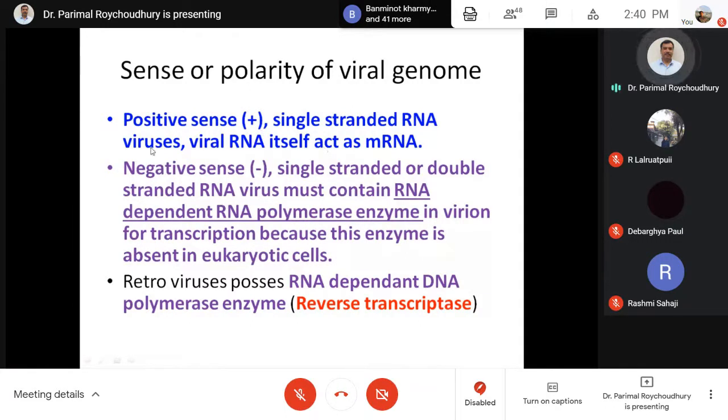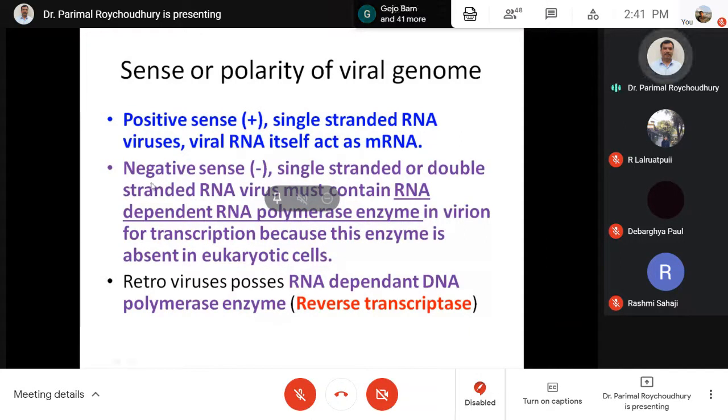Again, I'm repeating: positive sense, single-stranded RNA viruses are those where the viral RNA is of the same sense as messenger RNA. So once they enter the host cell, they can initiate protein synthesis. Got my point?